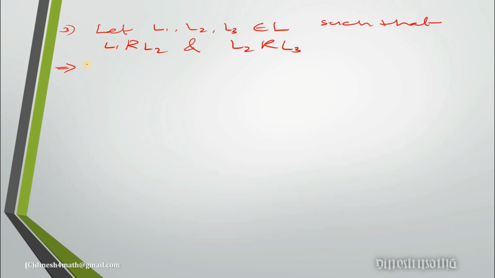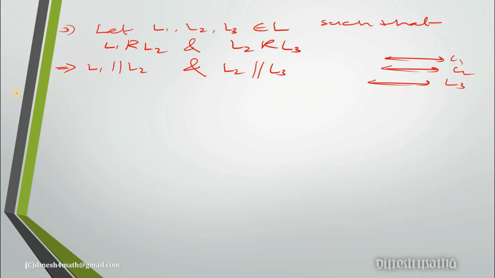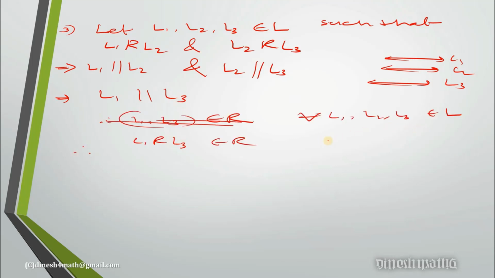L1 is parallel to L2 and L2 is parallel to L3. Hope you remember, this is L1 and this is L2 parallel, and there is one more line L3 parallel. So that gives L1 is parallel to L3. So they are related, for every L1, L2, L3 belongs to L.